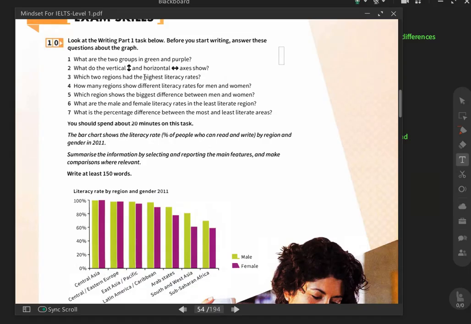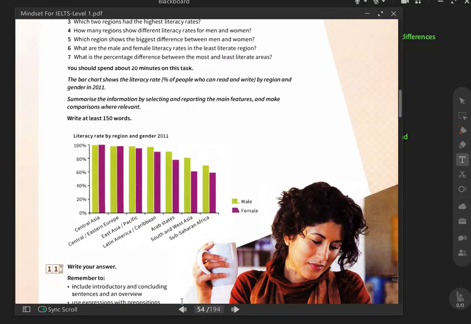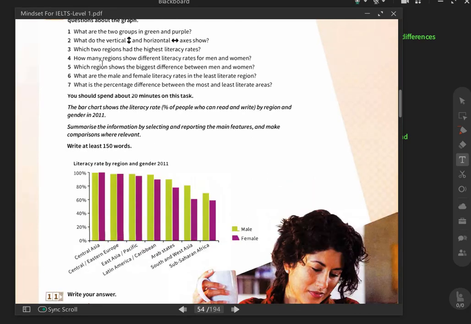Which regions had the highest literacy rate? Yes, Central, East, of course, very good. And you know that when you say literacy, it's education, I mean, read and write. And the next one, how many regions show different literacy rates for men and women?